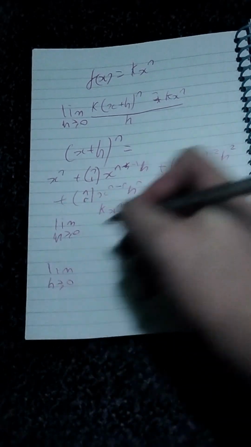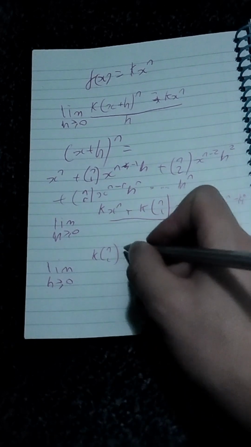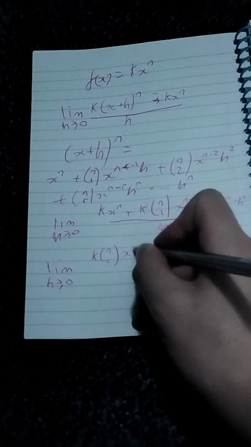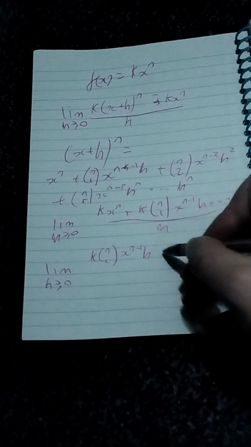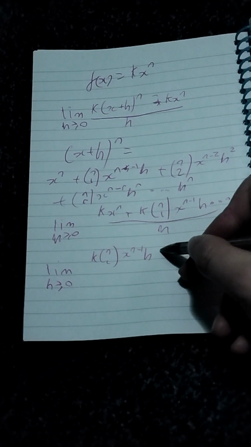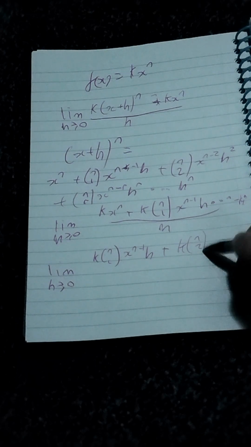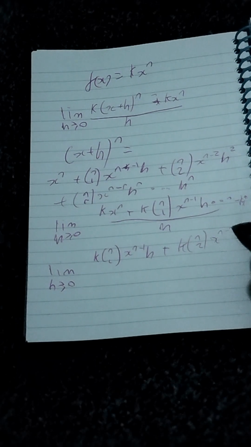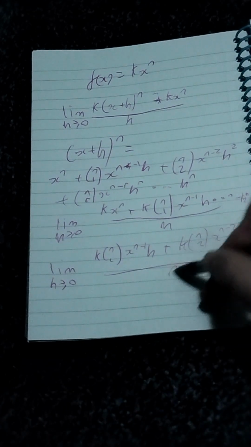So the limit as h goes to 0 of k n choose 1 x to the n minus 1 h plus k n choose 2 x to the n minus 2 h squared, and so on, over h.